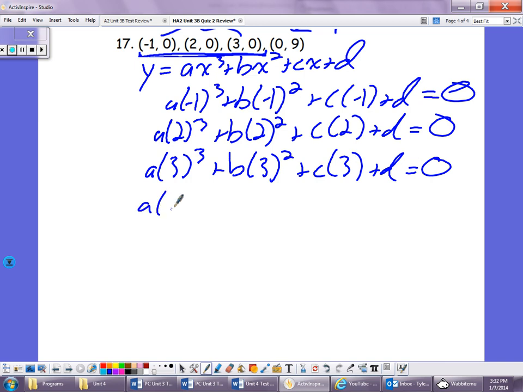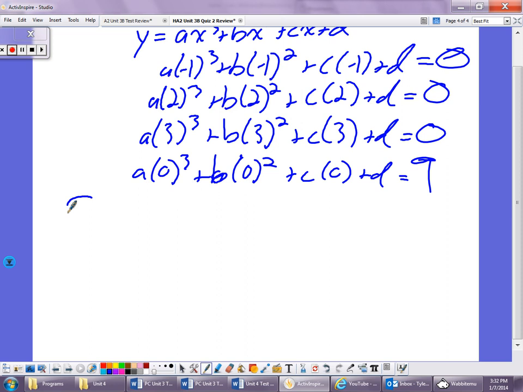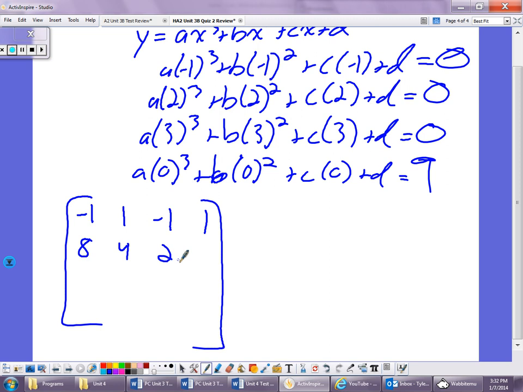And finally, a times 0 cubed plus b times 0 squared plus c times 0 plus d equals 9. Okay, so once you're here, you could just put it right into a matrix. So negative 1 cubed is negative 1. Negative 1 squared is 1. Negative 1, 1. Then I have 8, 4, 2, 1, 27, 9, 3, 1, and 0, 0, 0, 1.